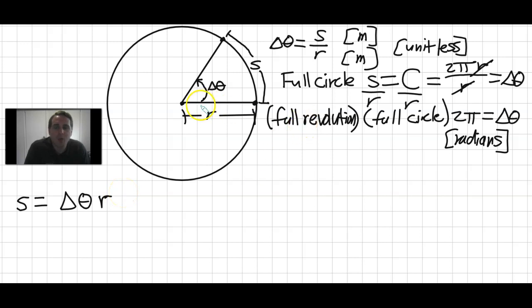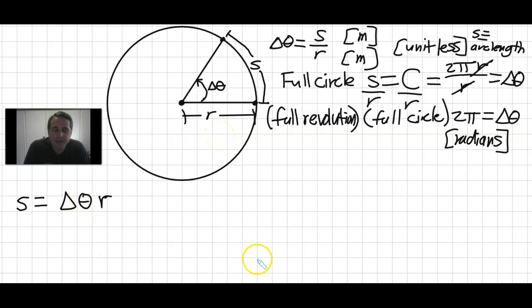Okay, so this is how we relate linear quantities of radius and arc length, s, to angular quantities, namely delta theta in radians. So again, I should write that down. S we call the arc length. Okay, this, by the way, is the center of the circle. That is the axis of rotation.